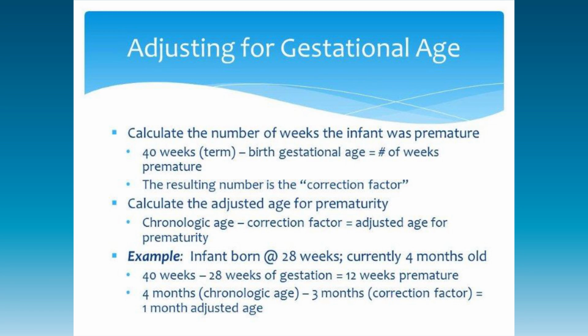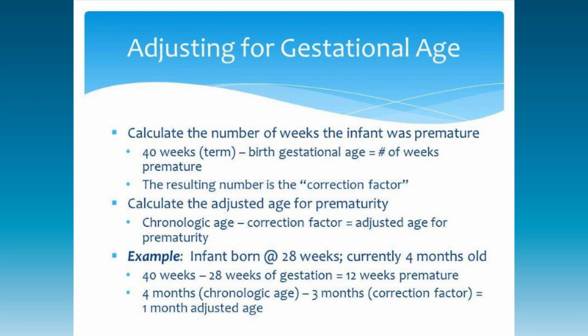First, you calculate the number of weeks that the infant was premature. So 40 weeks, we're going to say, is term. That's a full-term infant. Let's say they were born at 28 weeks gestation. So 40 minus 28, they were 12 weeks premature, which is 3 months. That's going to be your correction factor, that 12 weeks of being born too early, basically.